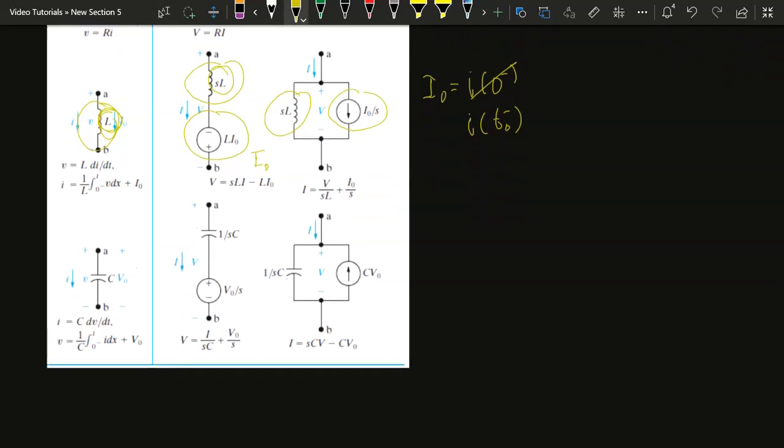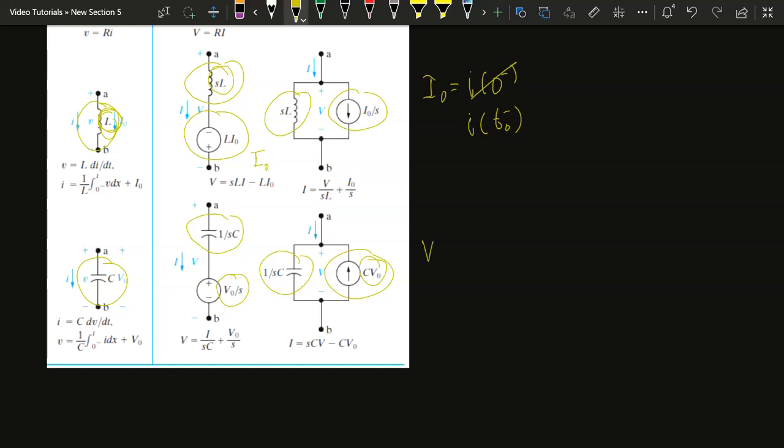Also for capacitors, same thing. We can replace the capacitor either by an impedance in series with a voltage source, or an impedance in parallel with a current source. And for these, the impedance is equal to 1 over sC for the capacitor, and again the value of the voltage source or the current source is determined by the initial conditions of the capacitor.